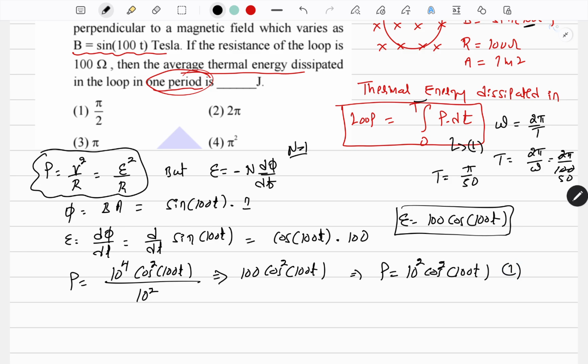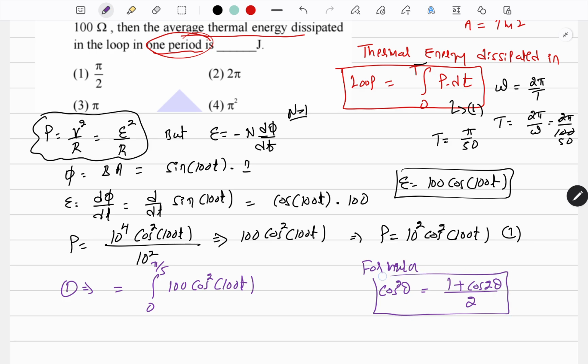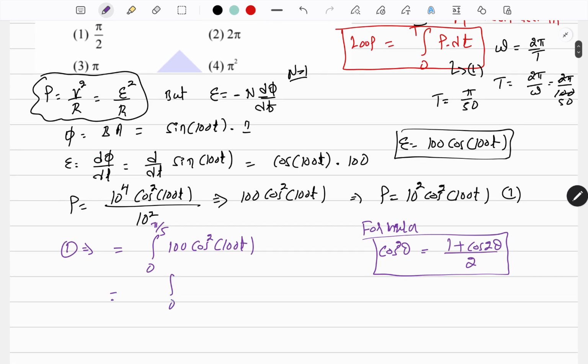Then equation number 1 becomes thermal energy dissipated is equal to the integral from 0 to pi by 50 of 100 cos square 100t. Now for this integration, using the formula cos square theta is equal to (1 plus cos 2 theta) divided by 2, we get the integral of (1 plus cos 200t) divided by 2 up to pi by 50.